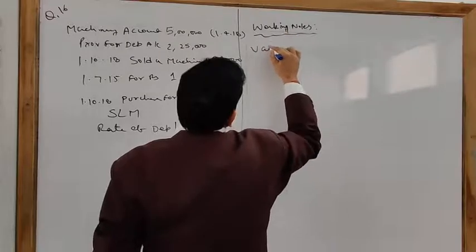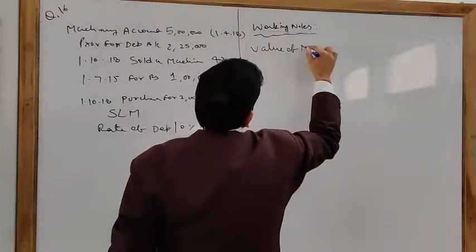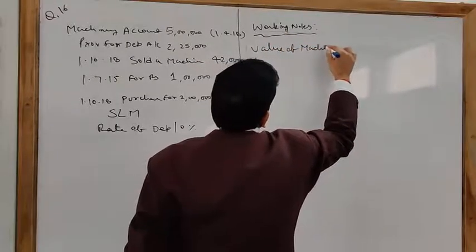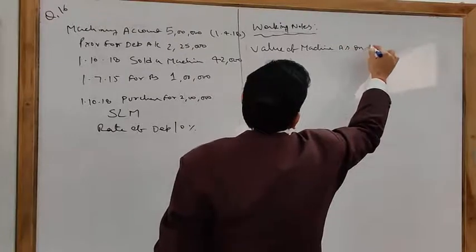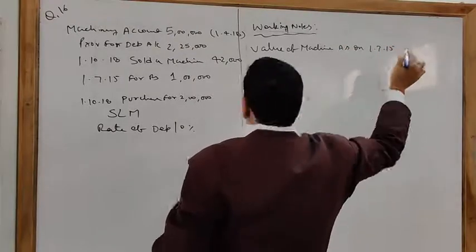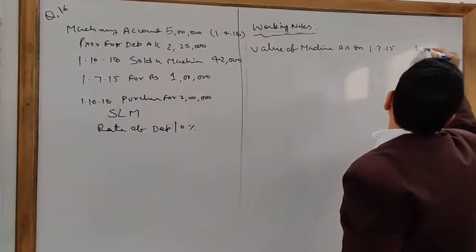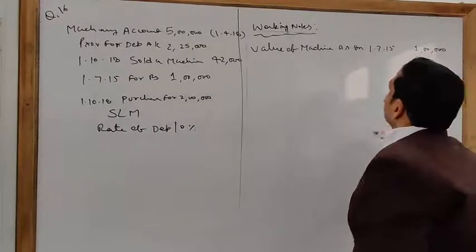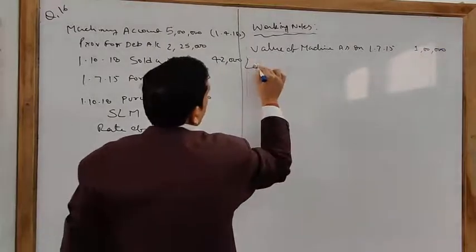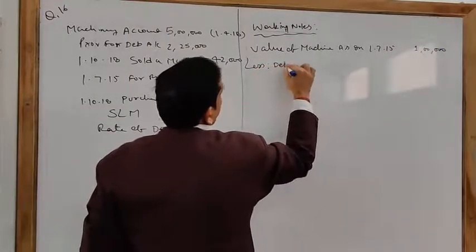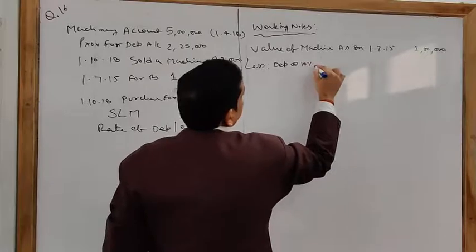So as usual we are going to make working notes. Value of machine as on 1st July 15 is 1 lakh. Clear? Less depreciation at the rate 10%.